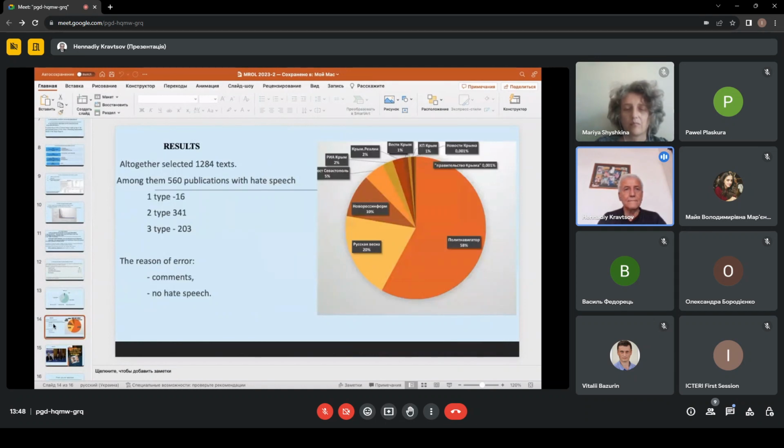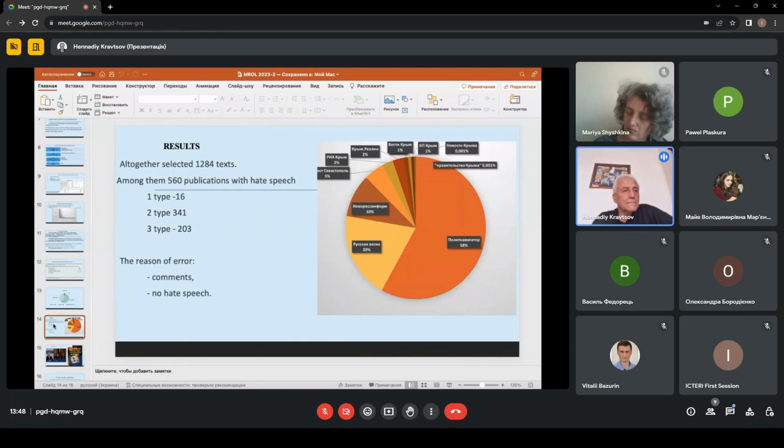And also a very interesting detail: altogether 1,248 texts were selected, and only 550 publications contained hate speech. It can be explained by 2 reasons. First of all, the program scans the whole page, including not only text, but also comments, and a lot of hate speech was contained in the comments. As we analyze only the text, these publications, these pages weren't included in the research.